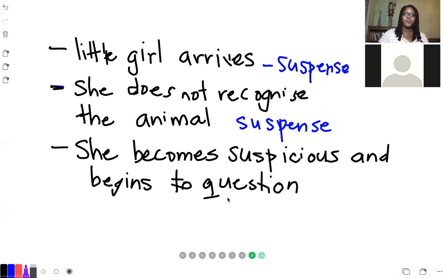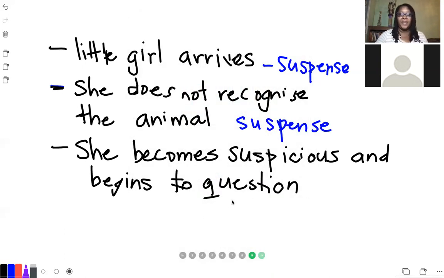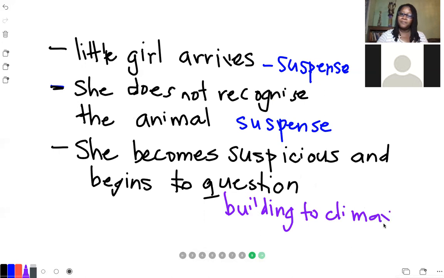But now we're building to the climax. And then the ultimate climax is the little girl recognizes the animal.